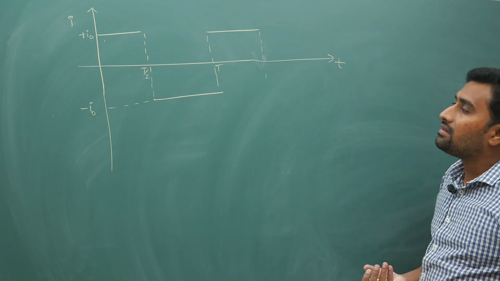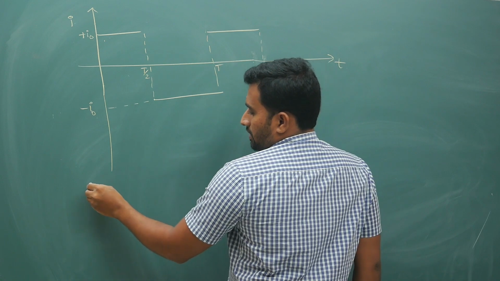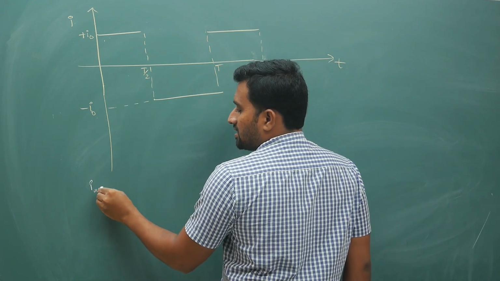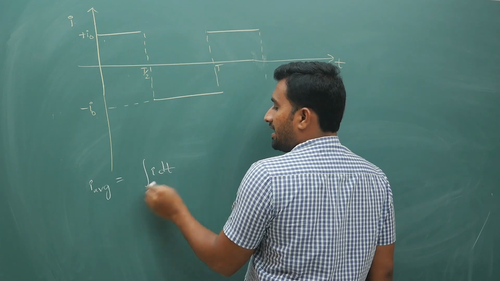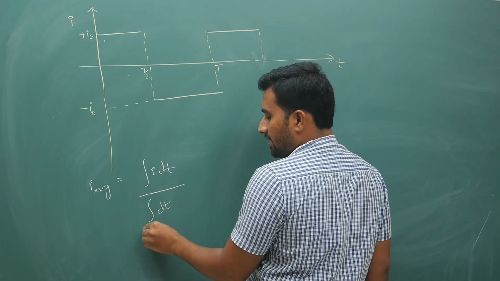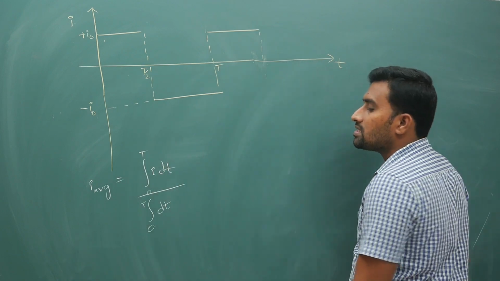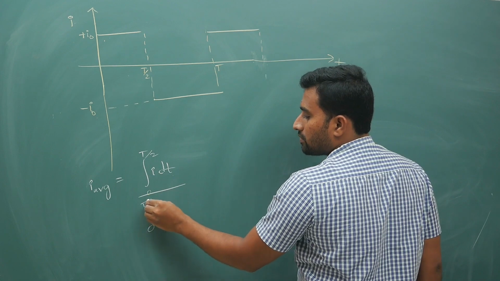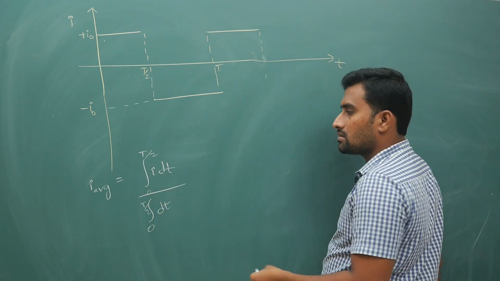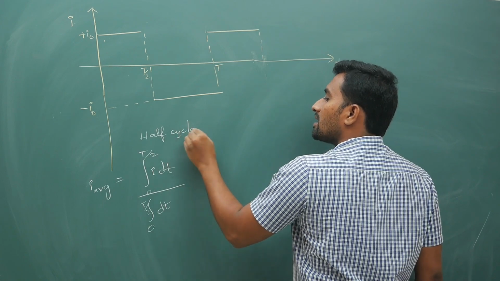Now for half cycle, if the average value is asked, your definition of average is I average equals the integral of I dt by the integral of dt, from 0 to some time period T. So this is nothing but the area of the I-t graph. For half cycle, if it is asked, 0 to T by 2. For full cycle the limits would be different.